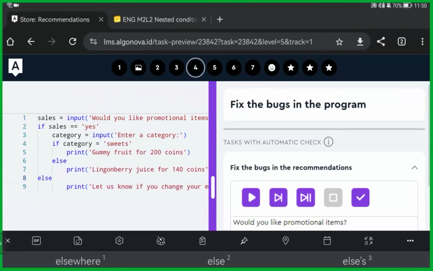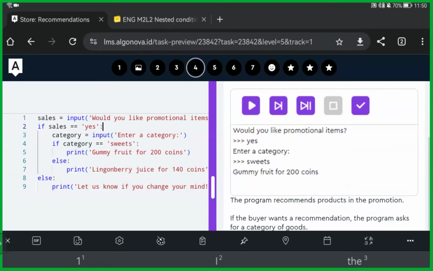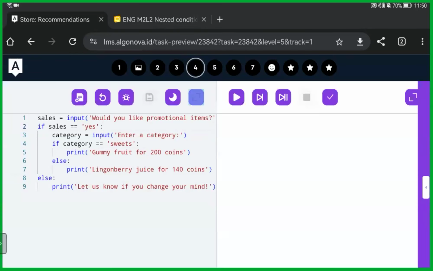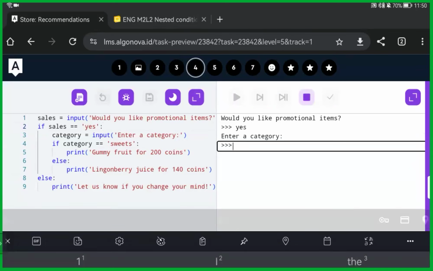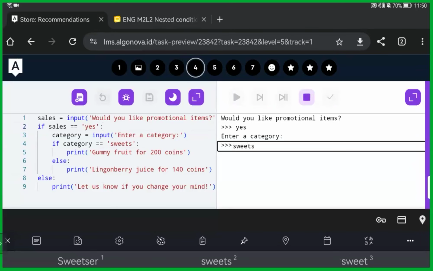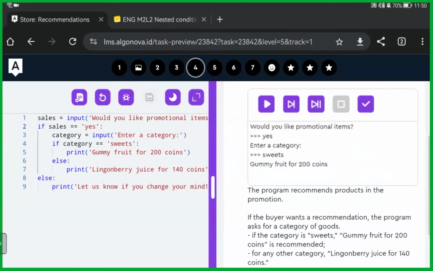Okay, else in here with the colon, print, okay, category double equal, don't forget the colon, and then in here don't forget the colon also. Okay. So in here: would you like a promotional item? Yes. Enter a category: sweet. Okay, let's try to run. Yes, sweet. There you go. You got it? Yeah.